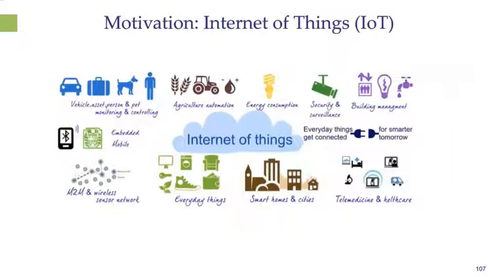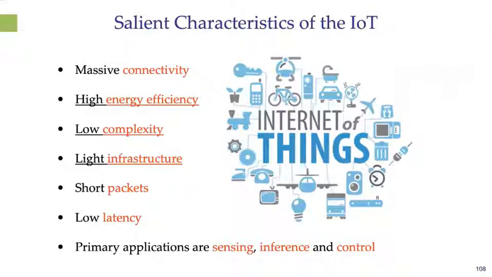Just as a way to motivate this, we might think about Internet of Things kinds of applications, which of course are ubiquitous in the types of applications where they might arise. But some of the salient characteristics of the Internet of Things are, first of all, massive connectivity.